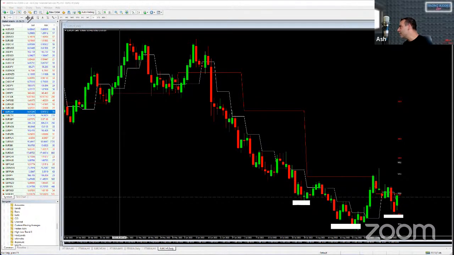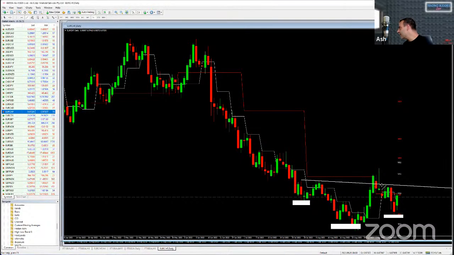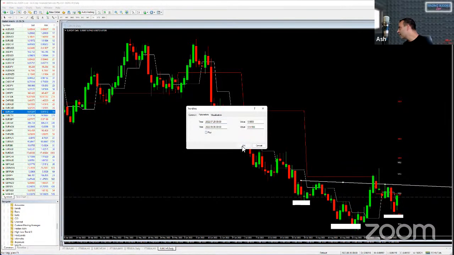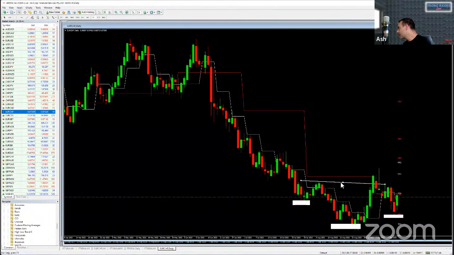If we check this level, the angle of this level here, it looks like it's running through these areas here, and a couple of false breaks either side.